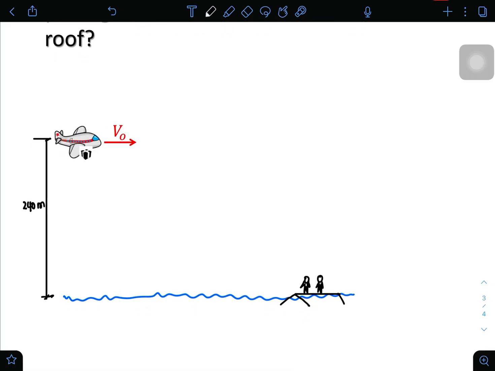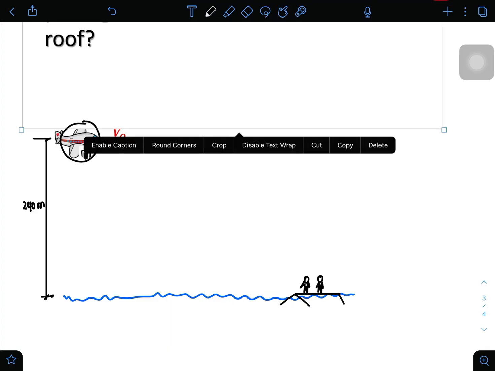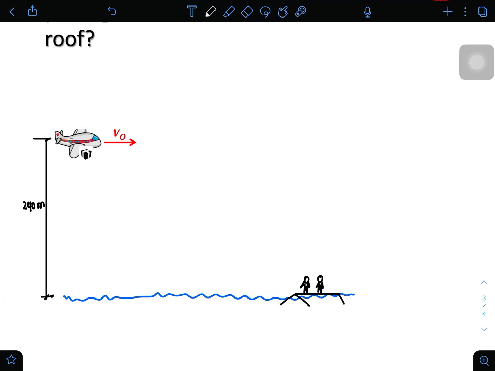Actually, the velocity of the package when it's released is the same as the velocity of the plane. It is being dropped, and since the package is from the plane, there is what we call absolute velocity. So that velocity is induced because of the velocity of the plane.